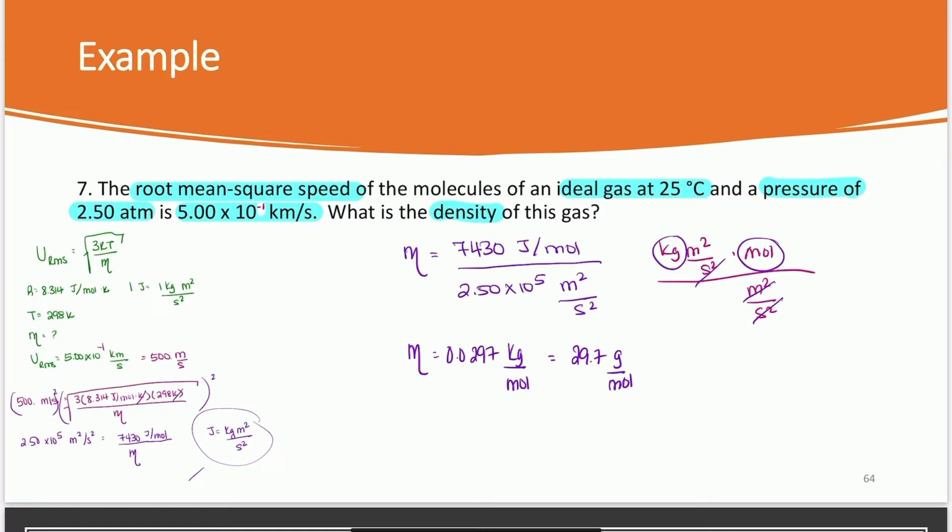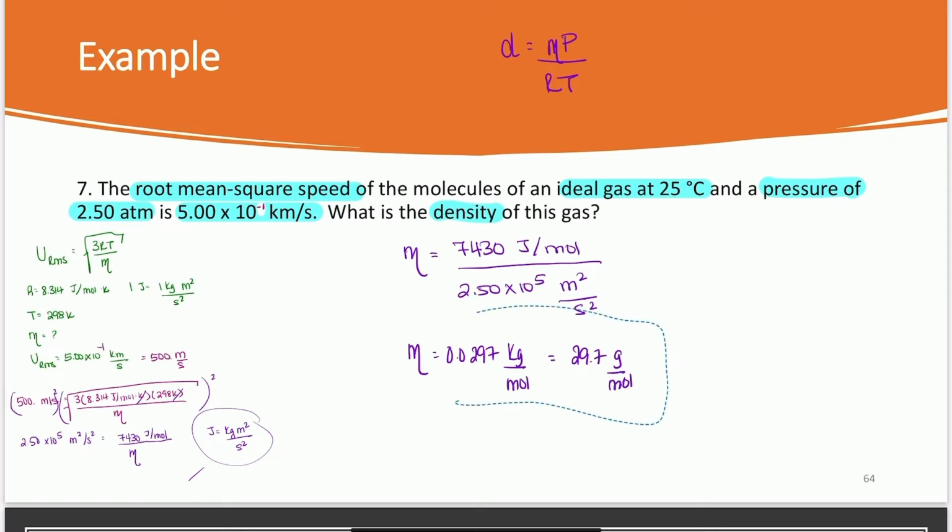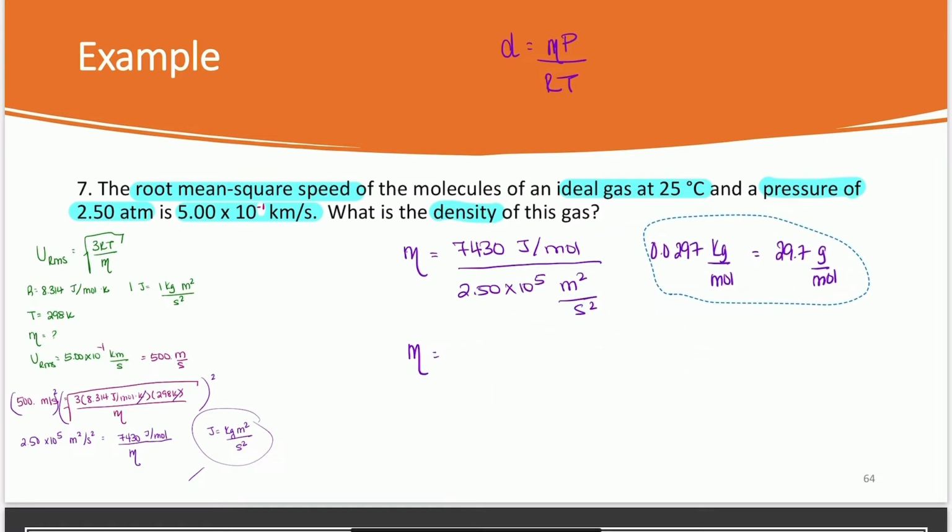Now that we have molar mass, we can use D equals molar mass times pressure over RT. So lots going on in this equation, yes, I know, but I'm going to erase this for space and move this up here. Density equal to 29.7 grams per mole, which is my molar mass.